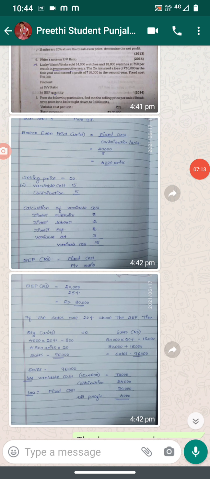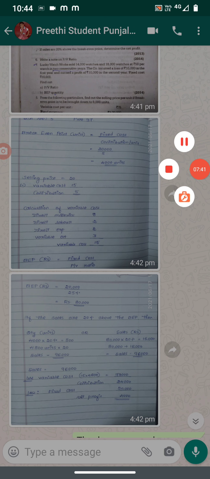In break-even units, it is fixed cost divided by contribution per unit, and break-even sales is fixed cost divided by PV ratio. Then you have to calculate the contribution. The general formula in marginal costing is sales minus variable cost is contribution. Contribution minus fixed cost is profit or loss. So this you have to remember.